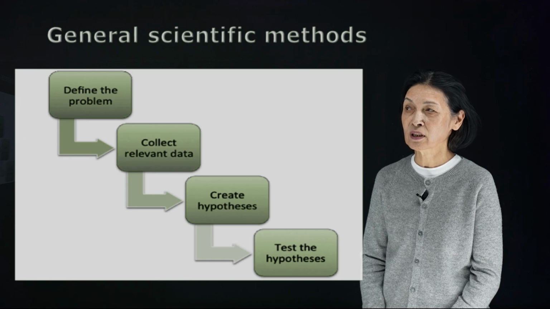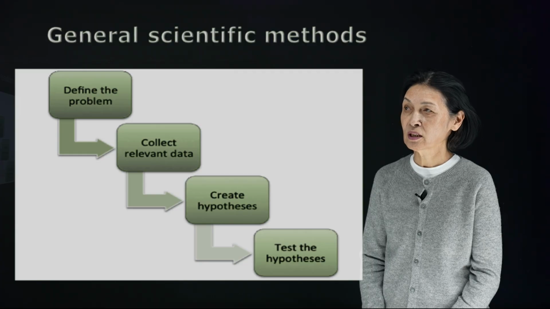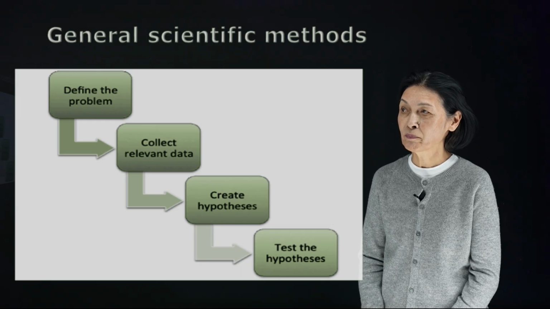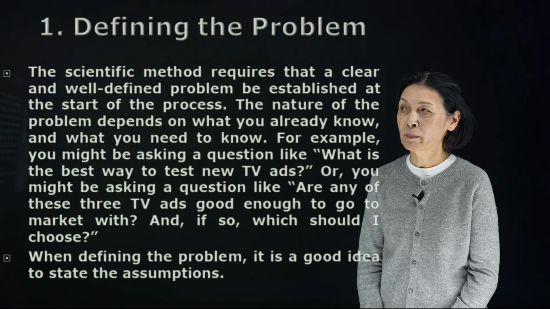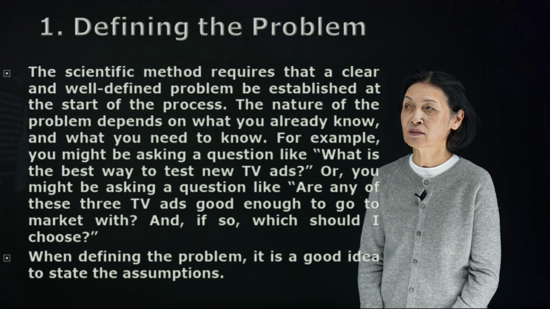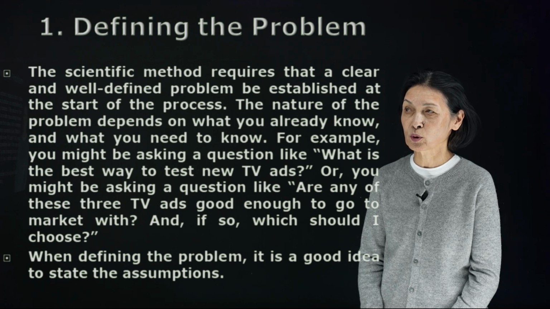General scientific method. On the picture, you can see the scientific methods in marketing: define the problem, collect data, analysis, create hypothesis, and test the hypothesis. Define the problem. The scientific method requires that a clear and well-defined problem is established at the start of the process.